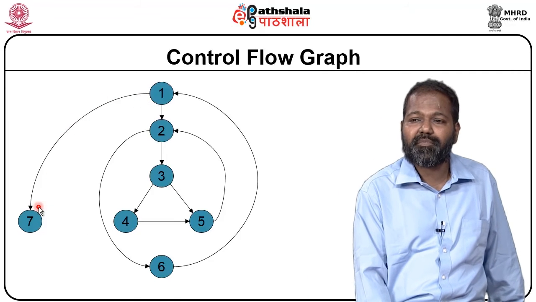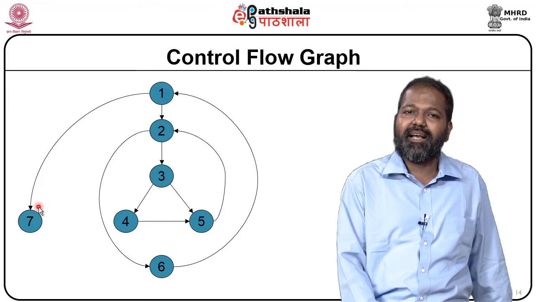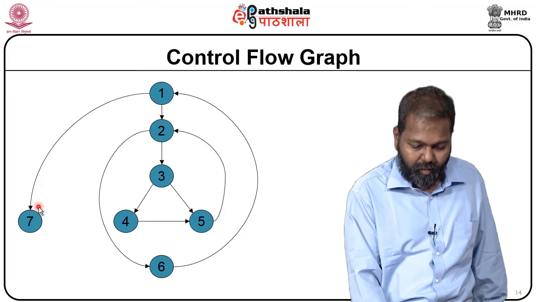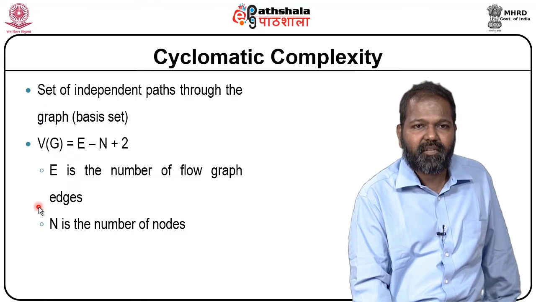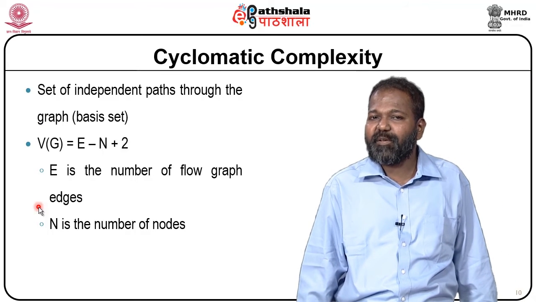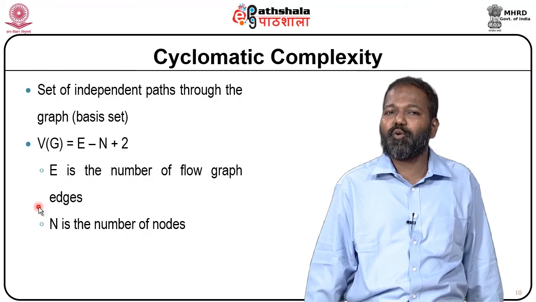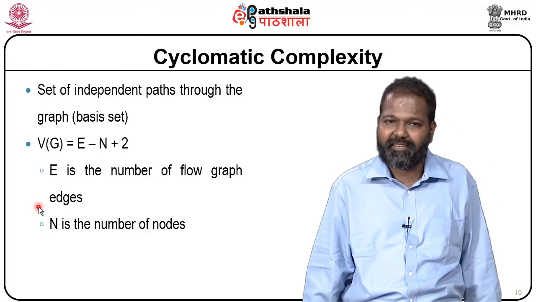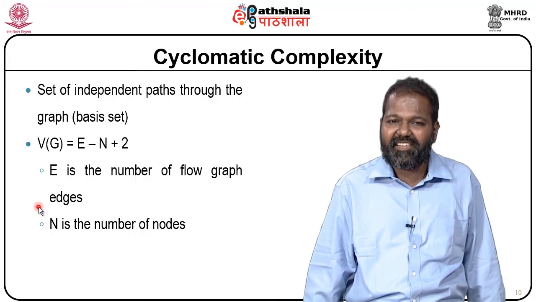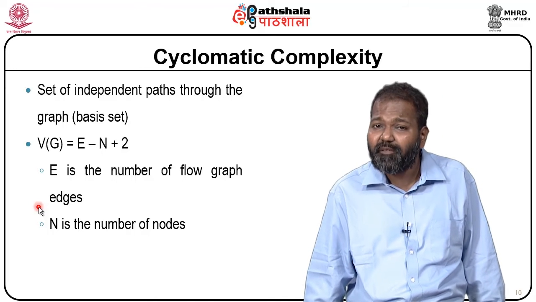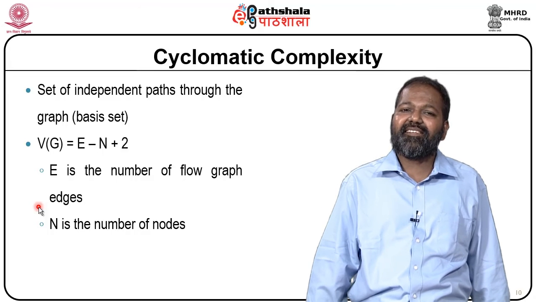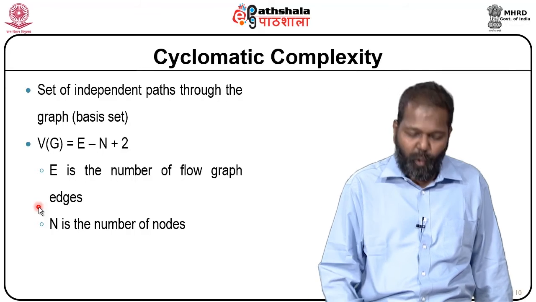Now, we have to compute the cyclomatic complexity. As I have mentioned, let me go back. Cyclomatic complexity is the set of independent paths through the graph, the basis set. V of g is equal to E minus n plus 2, where E is the number of flow graph edges and n is the number of nodes.